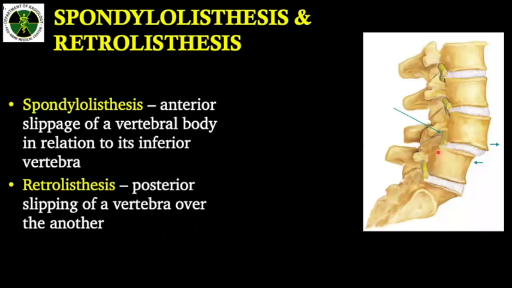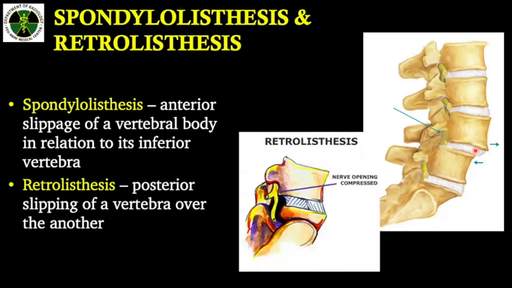Here, this vertebra compared to this one is anterior, so this is anterior spondylolisthesis. While here, this vertebra is relatively posterior, comparing it to the posterior margin and anterior margin of the lower vertebra. This vertebra is posteriorly displaced, so that is retrolisthesis. The problem with that is there may be compression of the nerve.